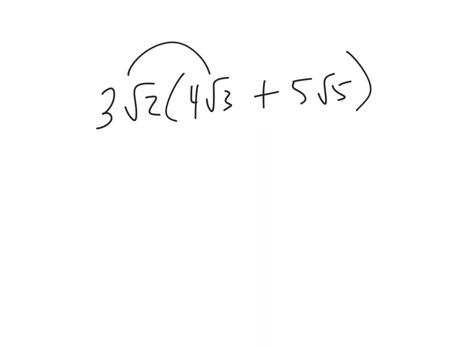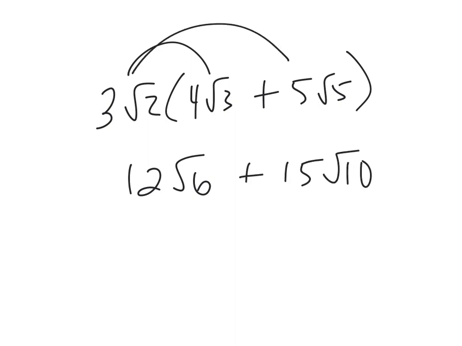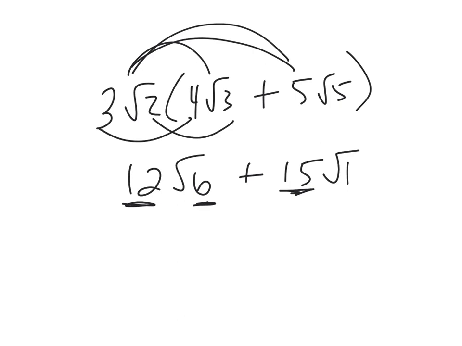So we'd have 12 radical 6 and 15 radical 10. 3 times 4 gives me the 12. 2 times 3 gives me the 6. 3 times 5 gives me the 15. Oh, I did it wrong, didn't I? This should be a 15 here, shouldn't it? Good catch, whoever caught that.